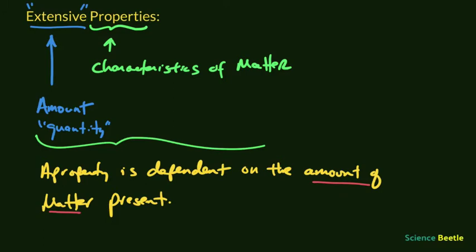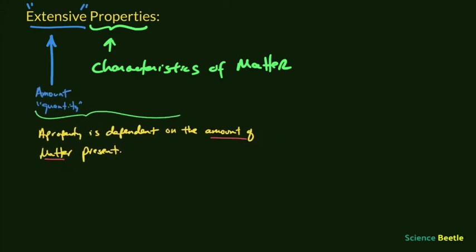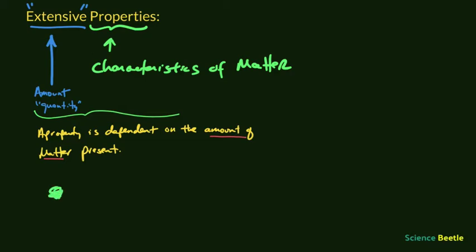And so if you start off with a sample of matter, let me make this a little bit smaller here and give me some space. Say I take just a rock of some sort, a little pebble.